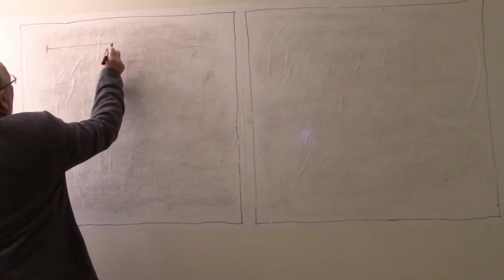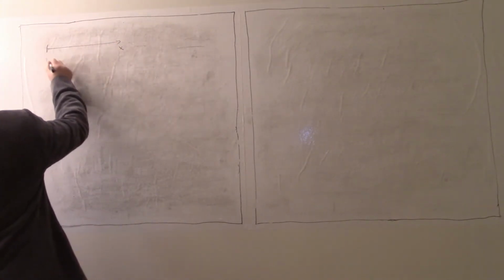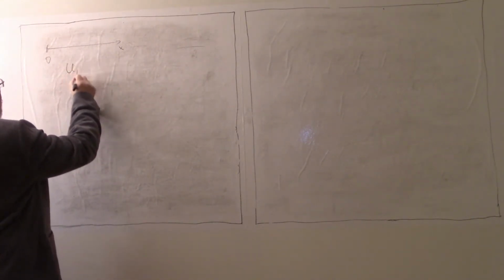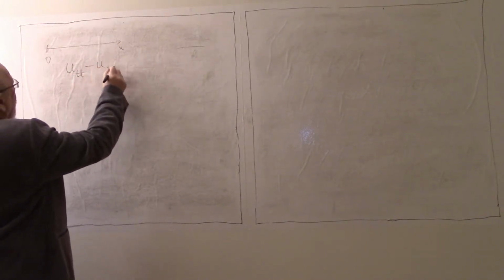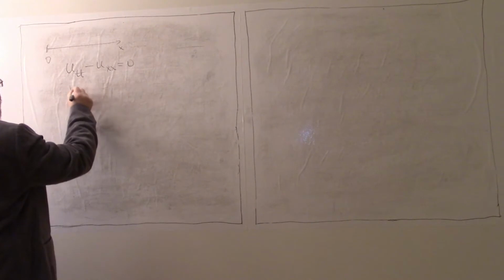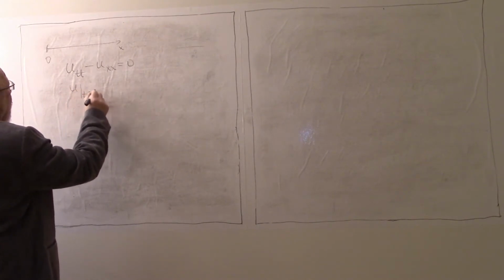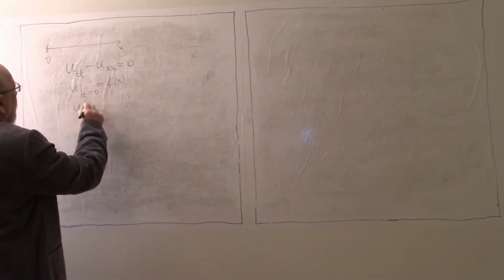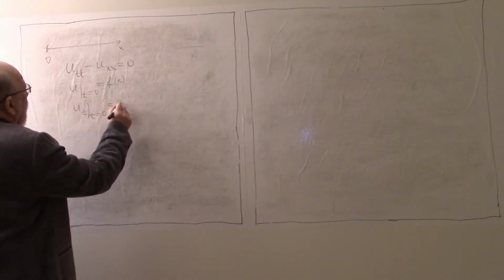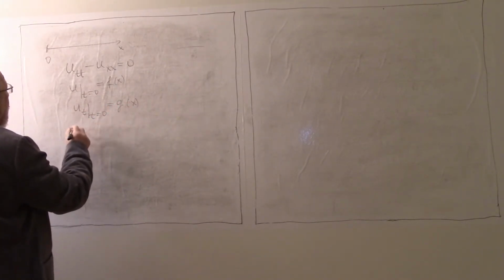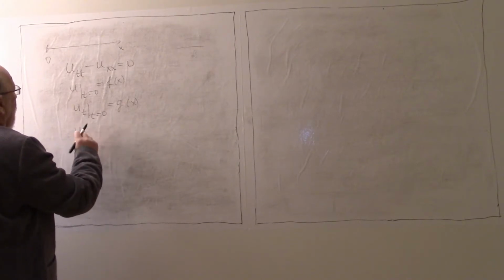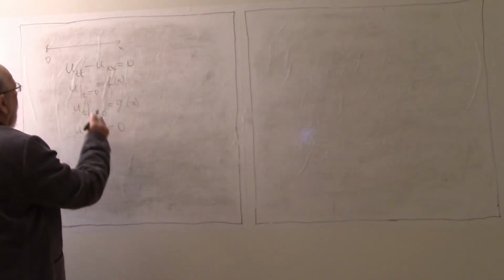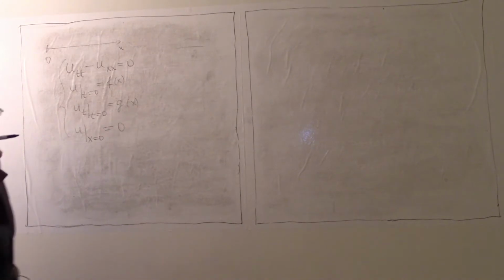So we have this half axis, x more than 0, and so our problem is u_tt minus u_xx is 0, u for t equals 0 equals f of x, u_t for t equals 0 equals g of x, and u for x equals 0 equals 0. So we consider this problem.